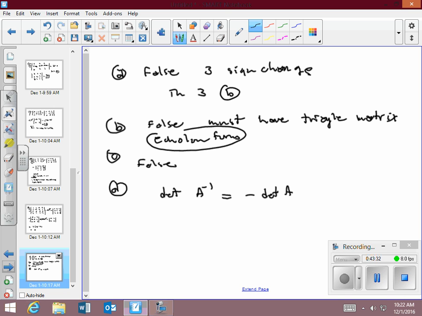It's false because the determinant of A inverse equals the determinant of A inverse transpose. It's not equal to the negative determinant of A.